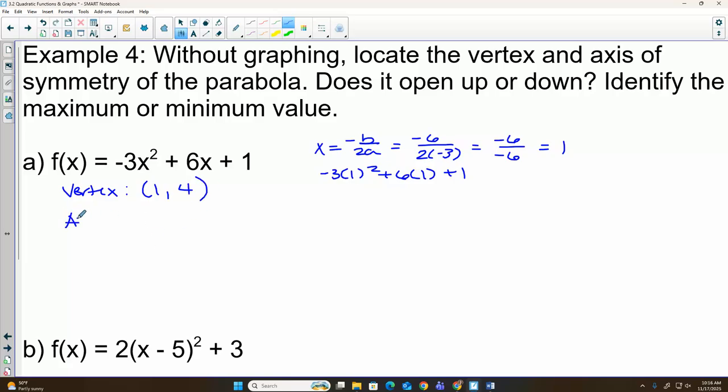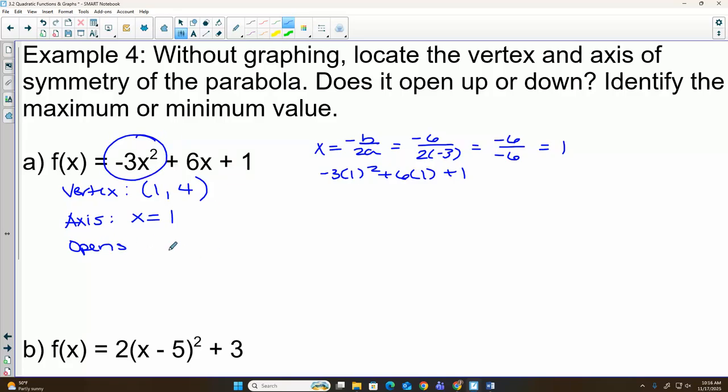What's the axis of symmetry? 1, but how do I have to write it? X equals 1, because it's a line, so you have to give the full equation of the line. Okay, does this parabola open up or down? Down.